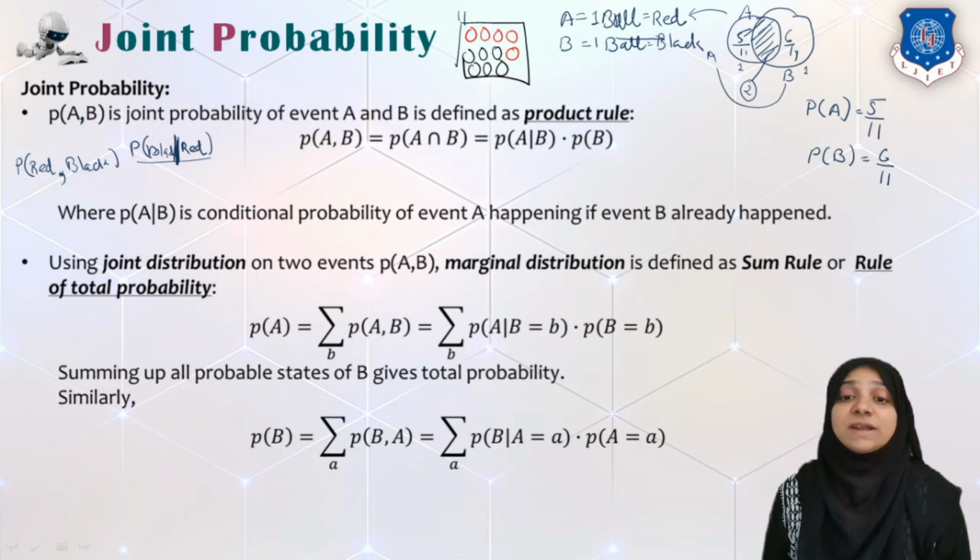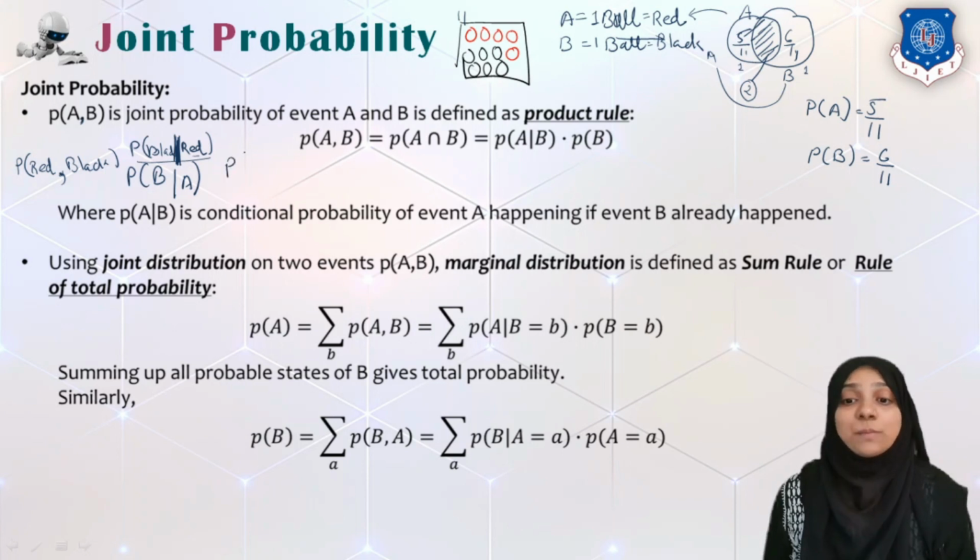So this probability would be read as the probability of the ball being black, given that the first ball drawn is already of red type. This is nothing but B given A. In our notation, black is B and red is A, so I would call it B given A.